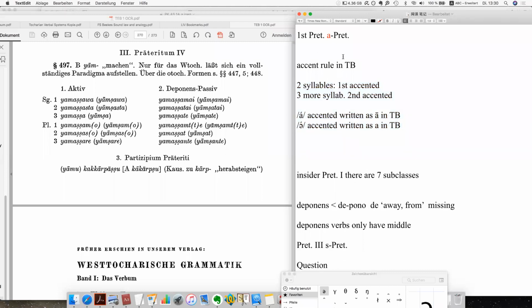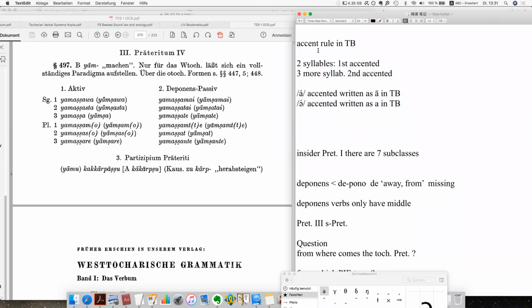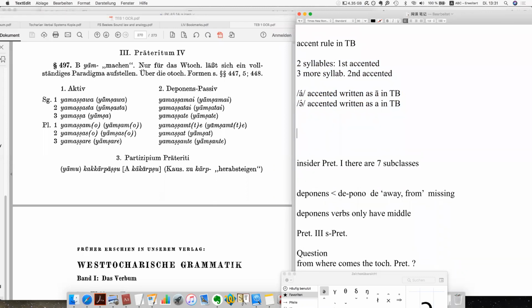So this is a normal accent, but for causative forms, the first syllable is accented, independent from the total syllable number.